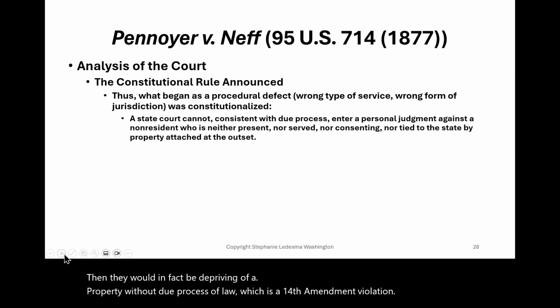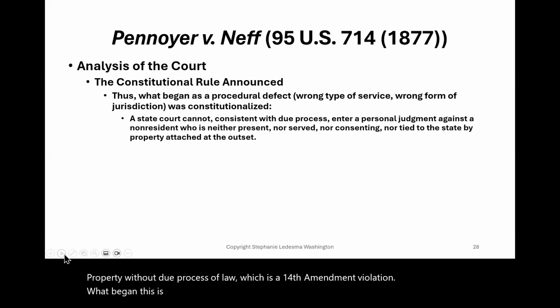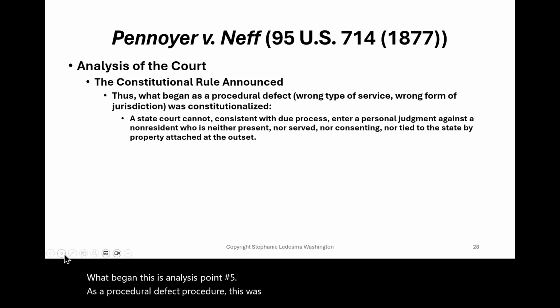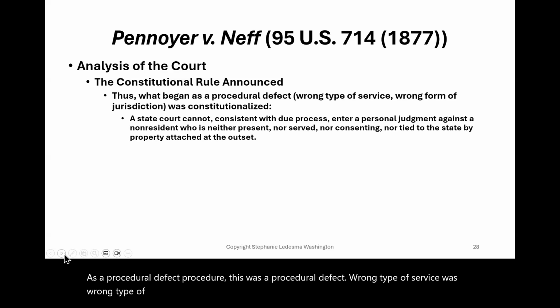What began, this is analysis point number 5, as a procedural defect. This was a procedural defect, wrong type of service. It was the wrong type of service, right? Became constitutionalized.